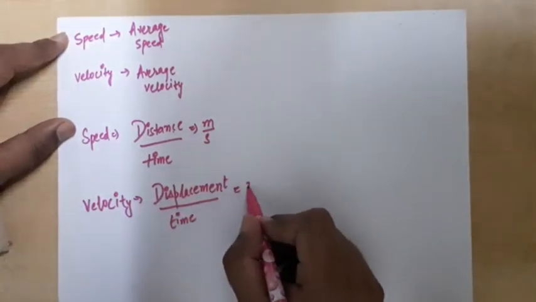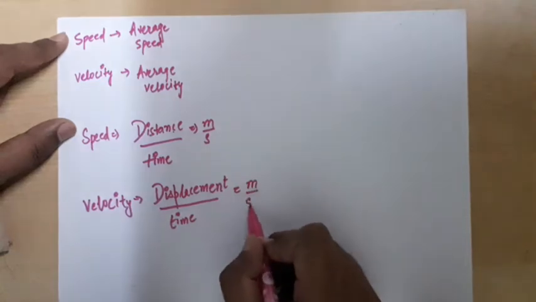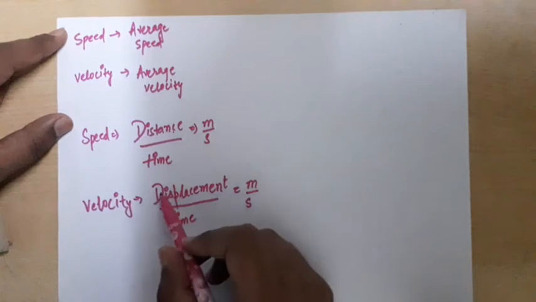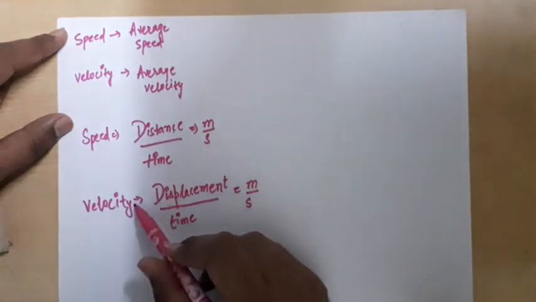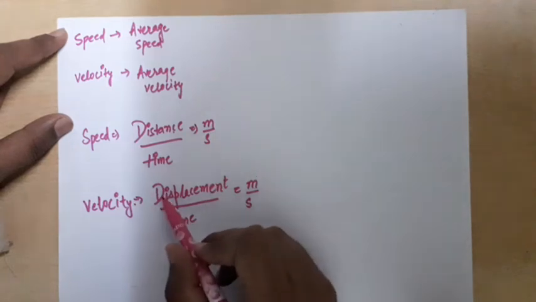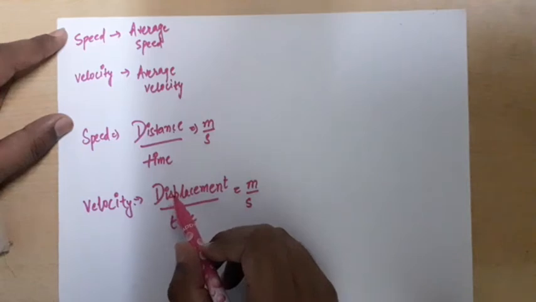Displacement is also measured in meters and time in seconds, so its unit is again meter per second. But here we have to understand this important thing: velocity is displacement upon time. And what is displacement? Displacement is distance only, but which distance? The shortest distance between initial and final position, right?